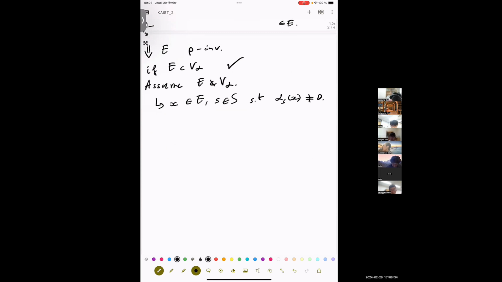And then you should always use only the simple formula, the definition of sigma_s. So this is in E, this is in E, and this is not 0. So the first thing that you get is that v_s is in E, necessarily.